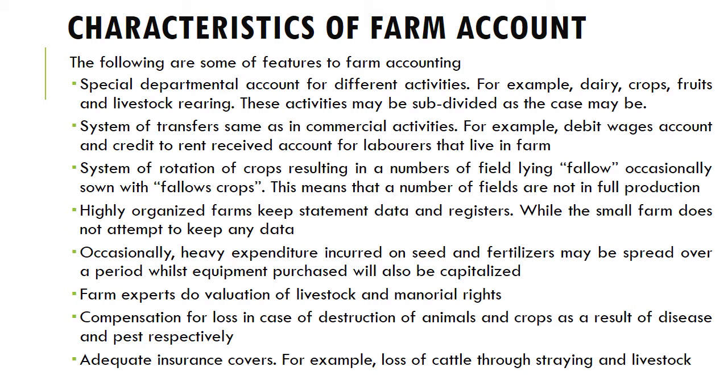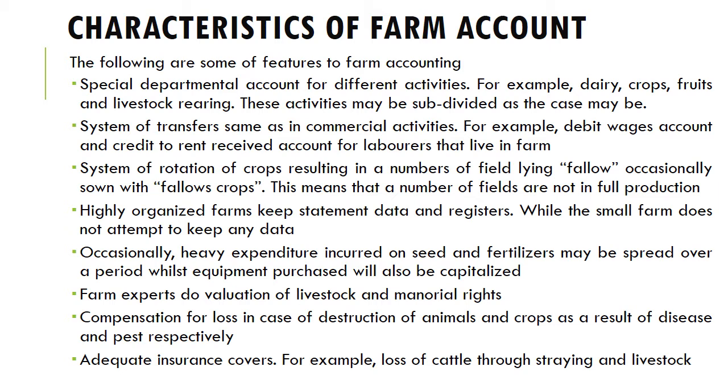So it's not every time that the farm is operating at its full capacity. Sometimes, especially for crop production and anything that has to do with planting, you will have to leave the land to lie fallow so that it will be able to increase its productivity.